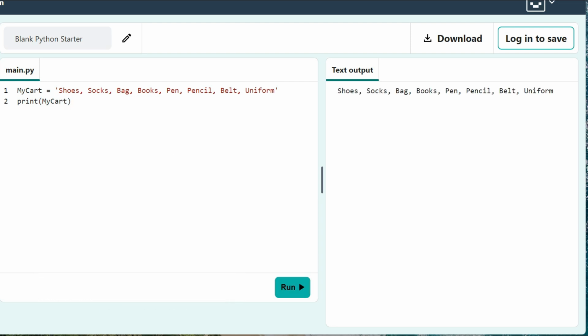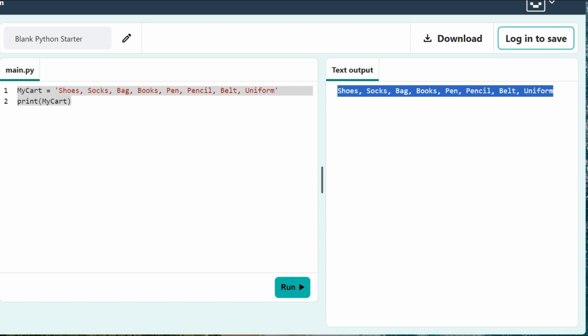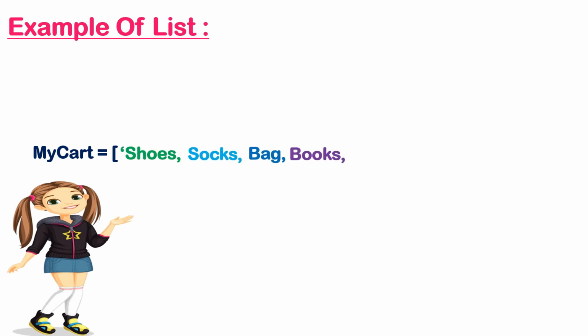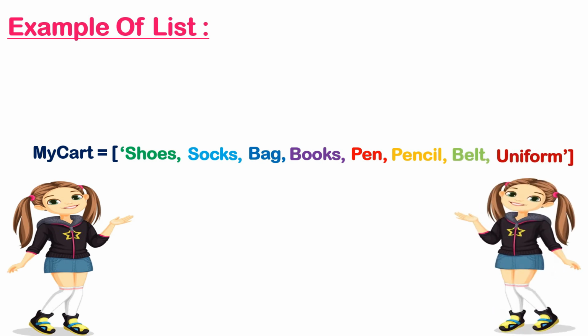Here if you see, these items would look like written as a list. This is the example of list. My cart is equal to, in square bracket, we are putting the same items: shoes, socks, bag, books, pen, pencil, belt and uniform.